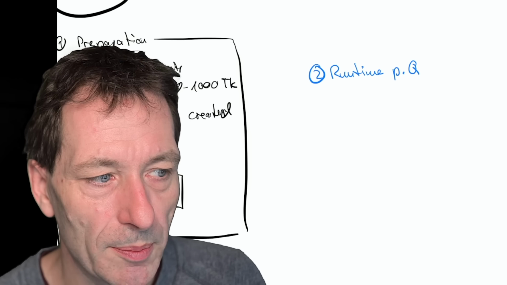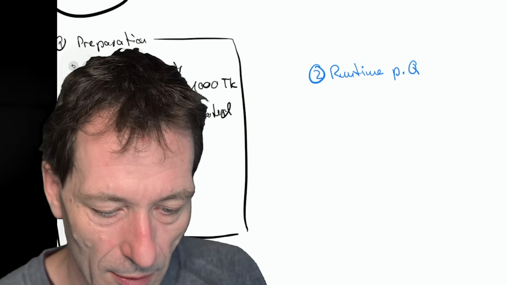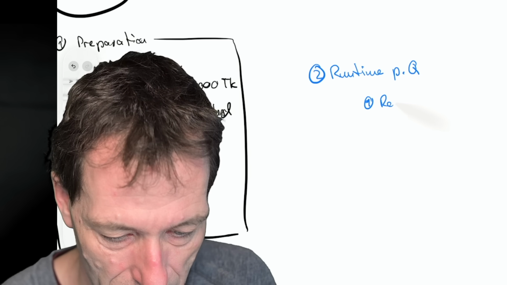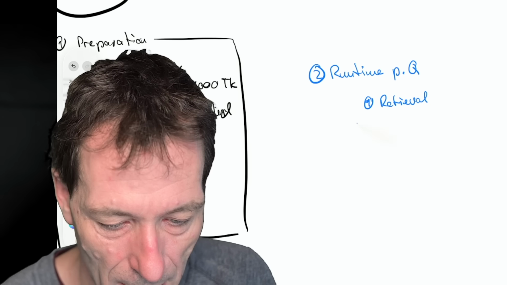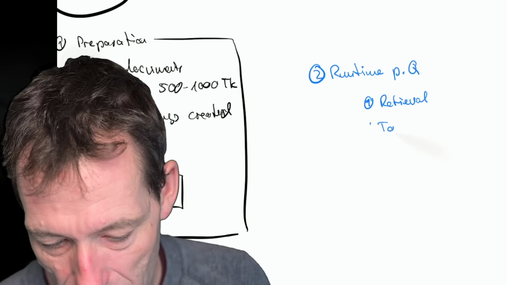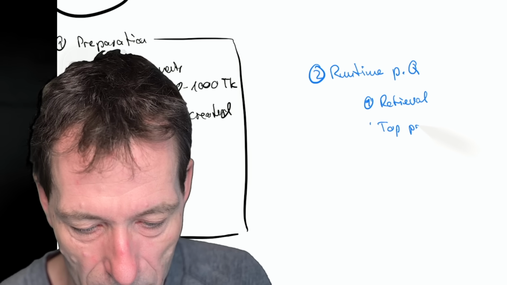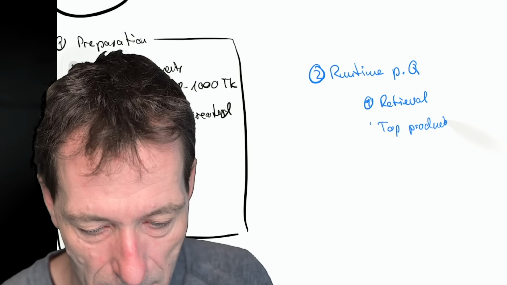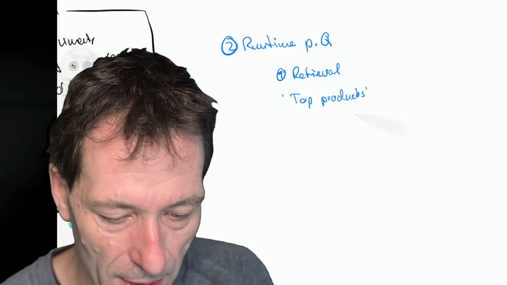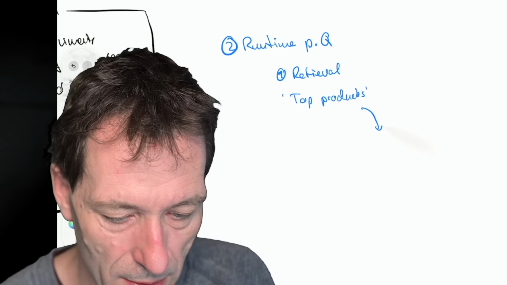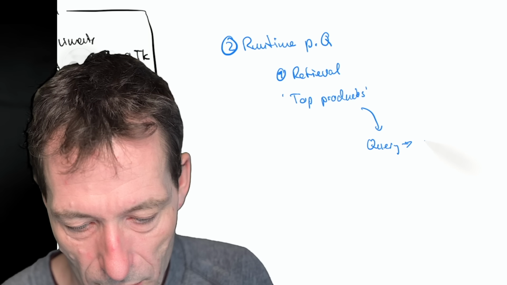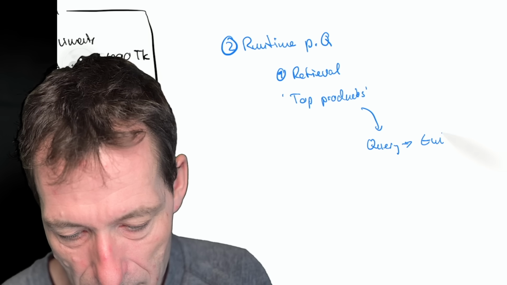Okay, what happens in the runtime? First is retrieval. User asks, top products. Of course a better prompt, but let's take it short. Top products goes to the query, is converted to an embedding.